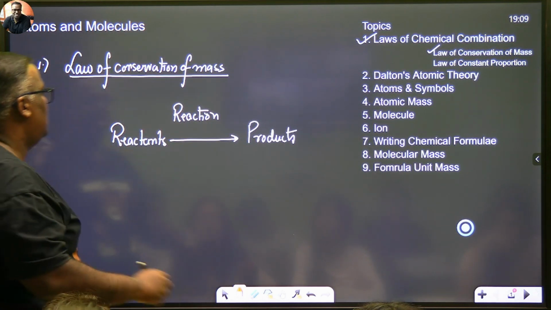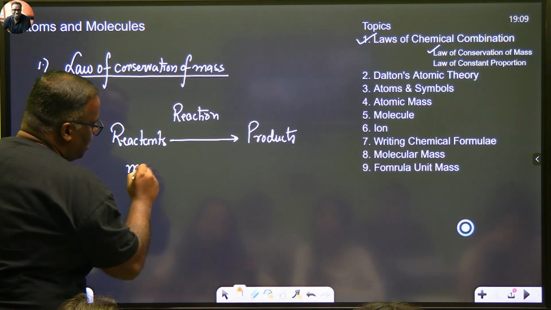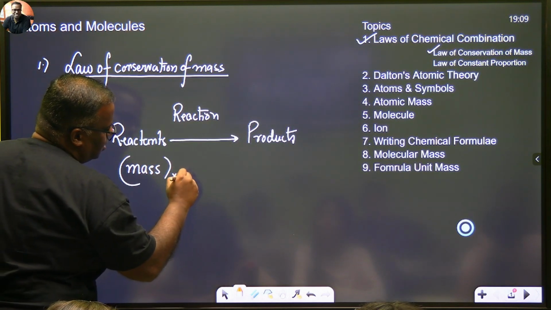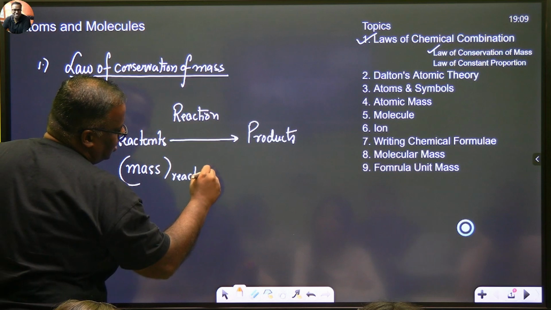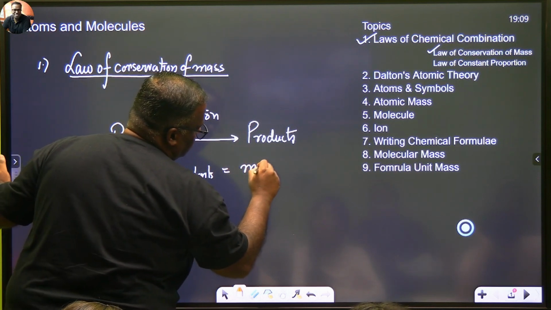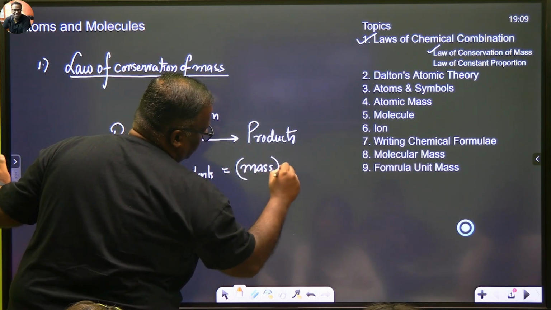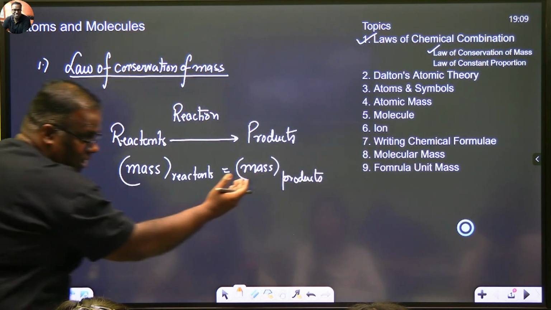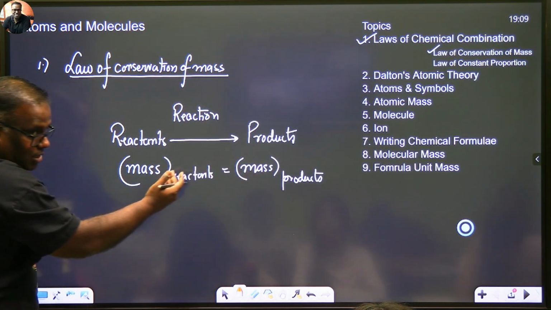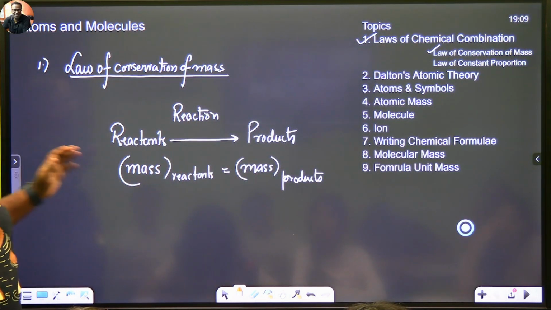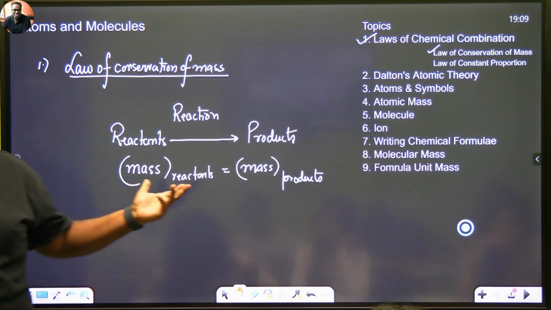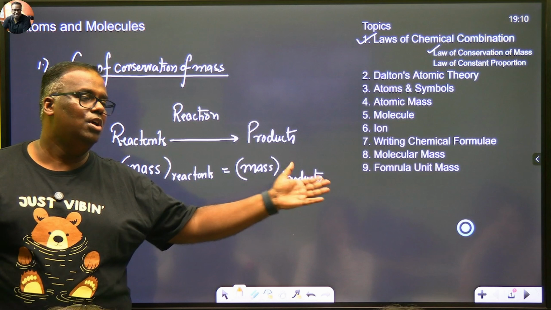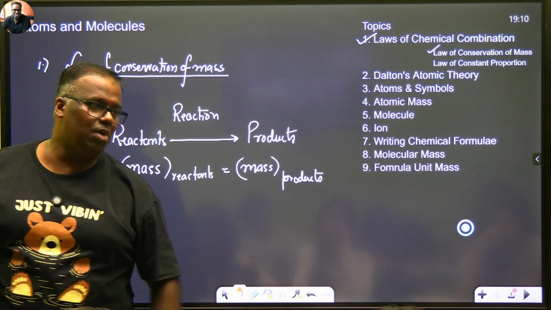That means the mass of all the reactants should be equal to the mass of the products. If you bring this term to this side, mass of reactants minus mass of products is the change in mass. What will you get on this side? 0. That means the change in mass is 0. There has been no change in mass at all.